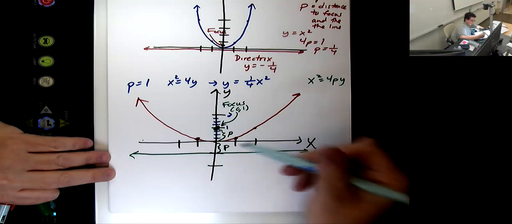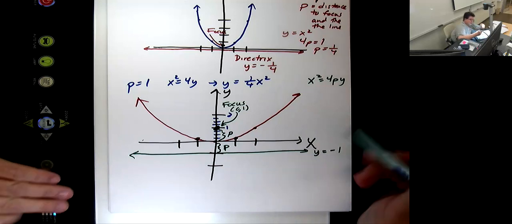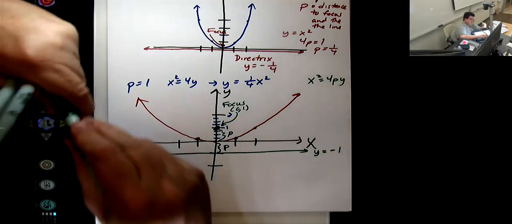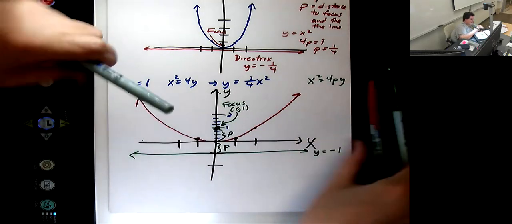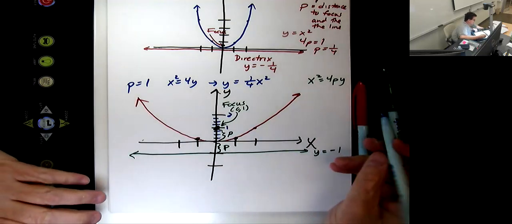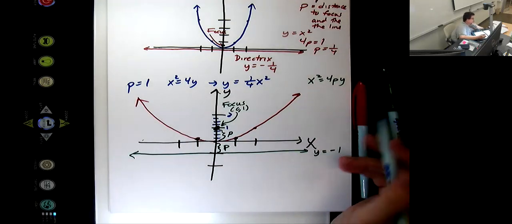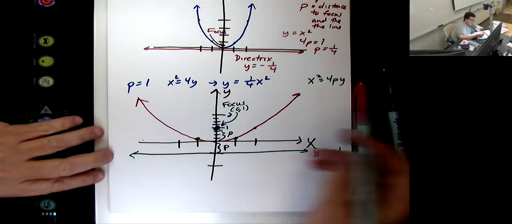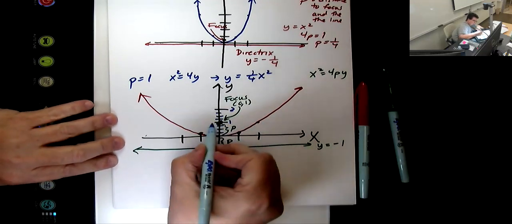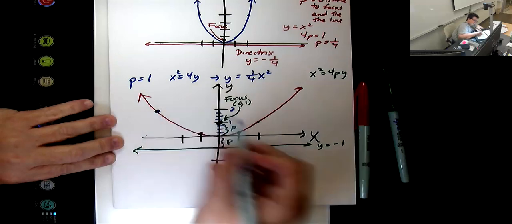P is like a distance, and the way it works, check this out. Like I said, it's equidistant from a fixed point and a fixed line. The way that works is, let's say the point's here.